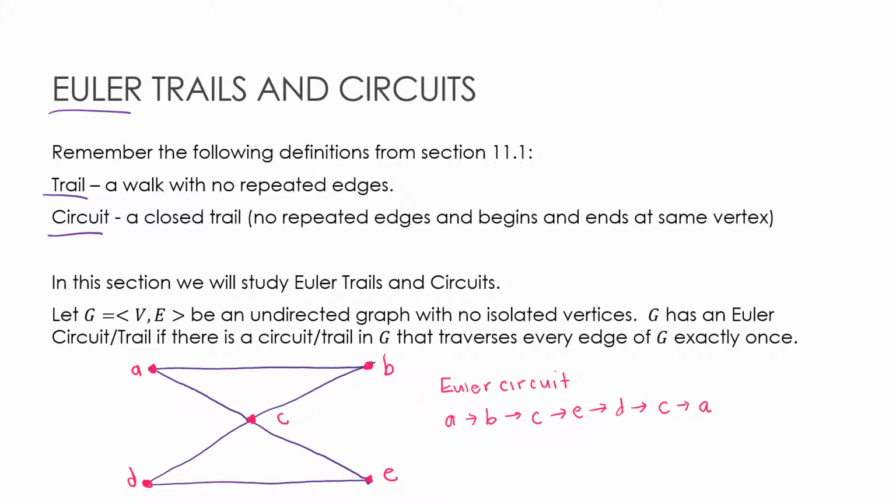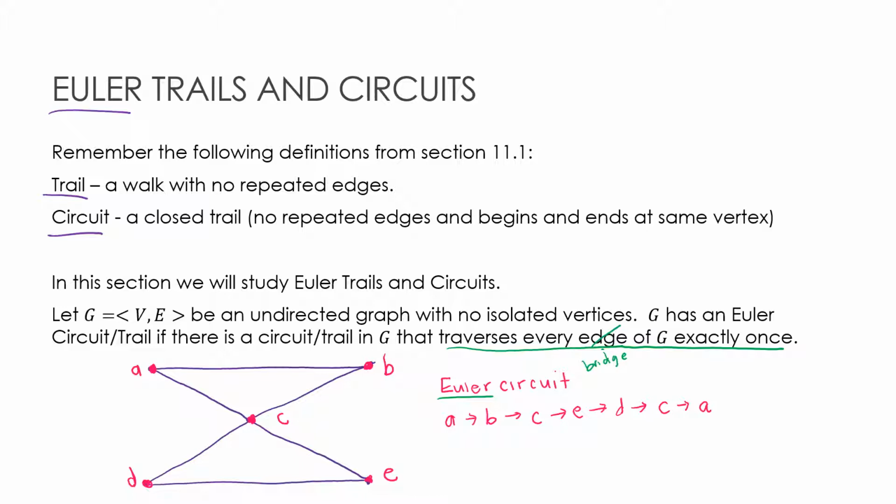Back in section 11.1, we looked at the bridges of Königsberg problem, and asked, can we walk through the city and walk over every bridge only once? That's what Euler was interested in: can I traverse every edge only one time? An edge, in his case, was a bridge. That is where all of this originated from.